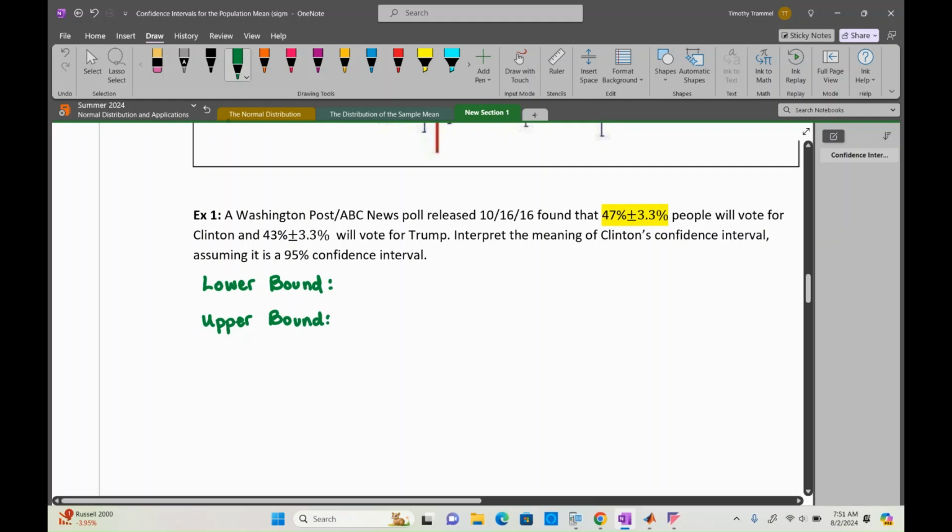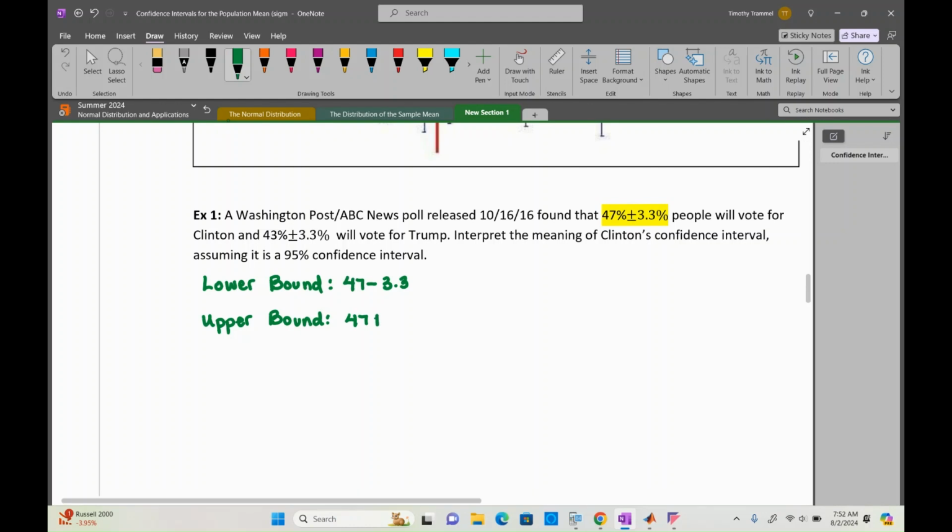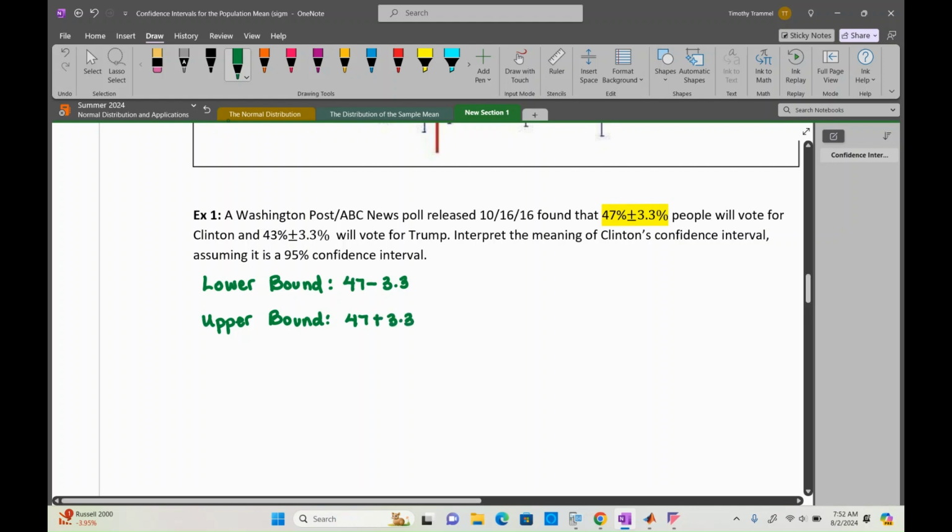So for the lower bound, I'm just going to take that 47 and subtract 3.3. And for the upper bound, I'll add 3.3.